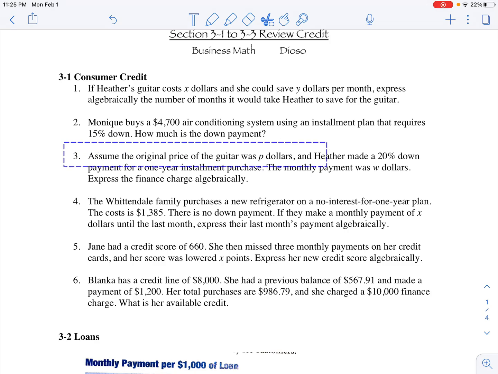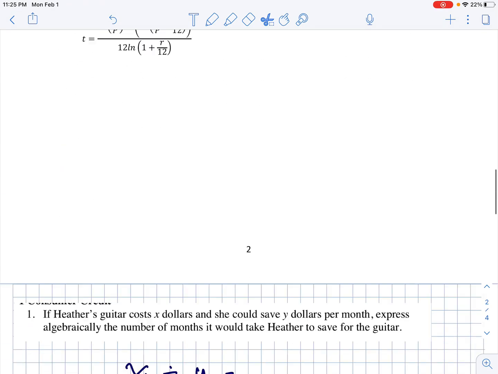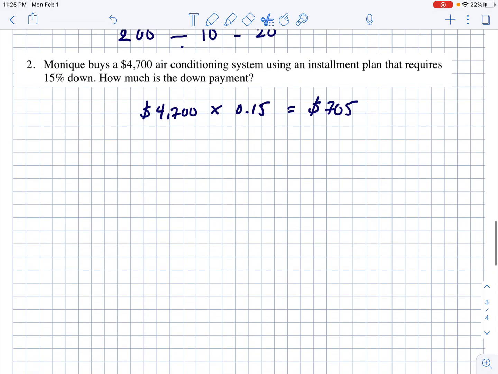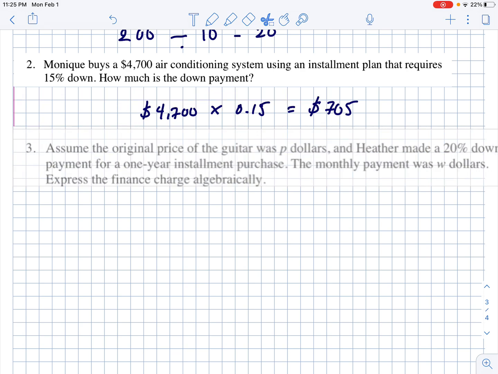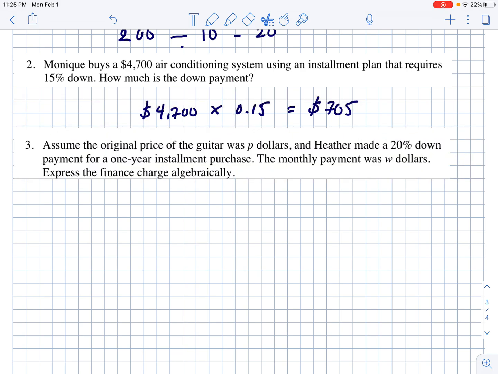Number 3. Assume the original price of the guitar was P dollars, and Heather made a 20% down payment for a 1-year installment, where the monthly payment was W dollars. Express the finance charges algebraically.